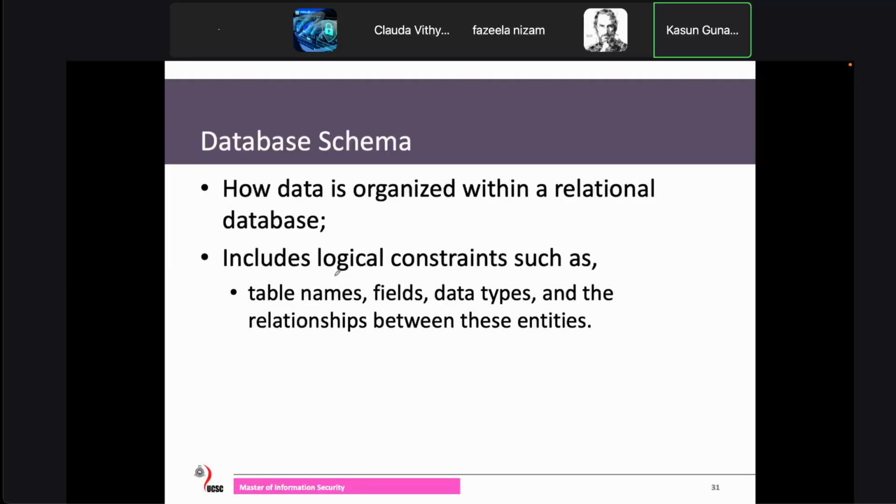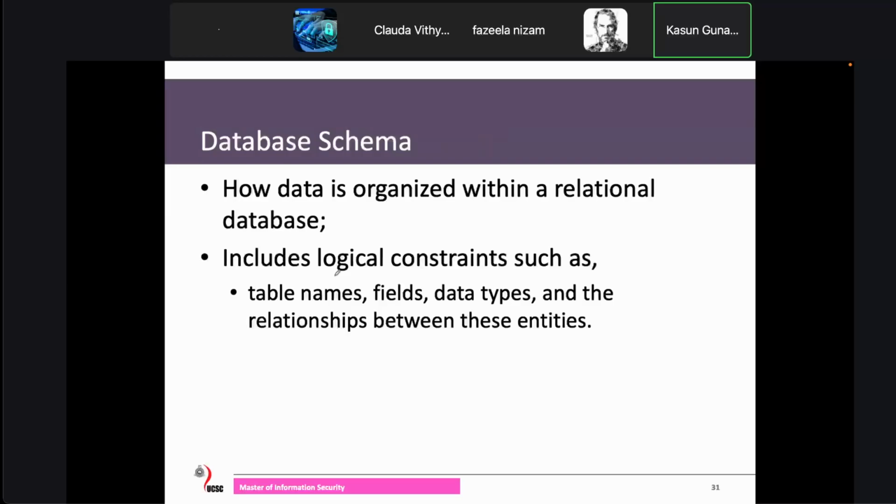The database schema is another term in this context. Database schema is how data is organized within a relational database.